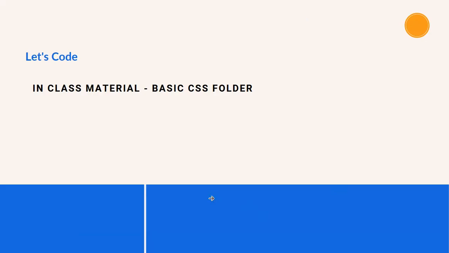For the rest of our class, we'll try and code. In the starter materials, I have some beginner code that we'll try and complete together. If you have it, you can open it up.